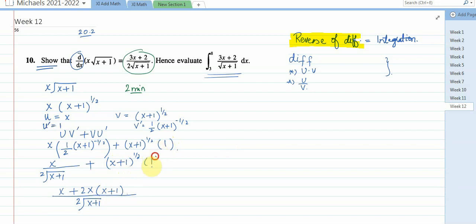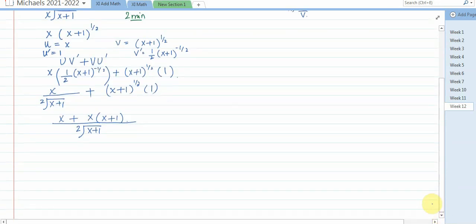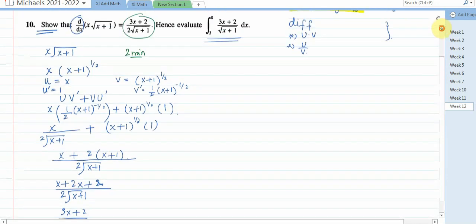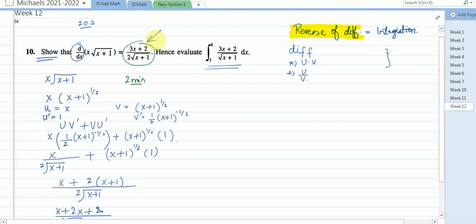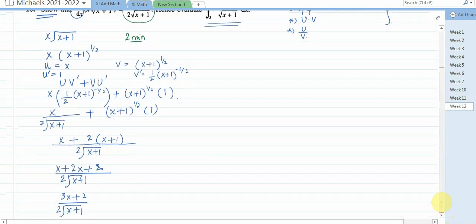So that will be only x, and after that it will be x plus 2x plus 2 only, so x plus 2x plus 2 divided by 2 under root x plus 1. So x plus 2x is 3x plus 2 divided by 2 under root x plus 1. We needed to show that same. So we have proved the differentiation part.